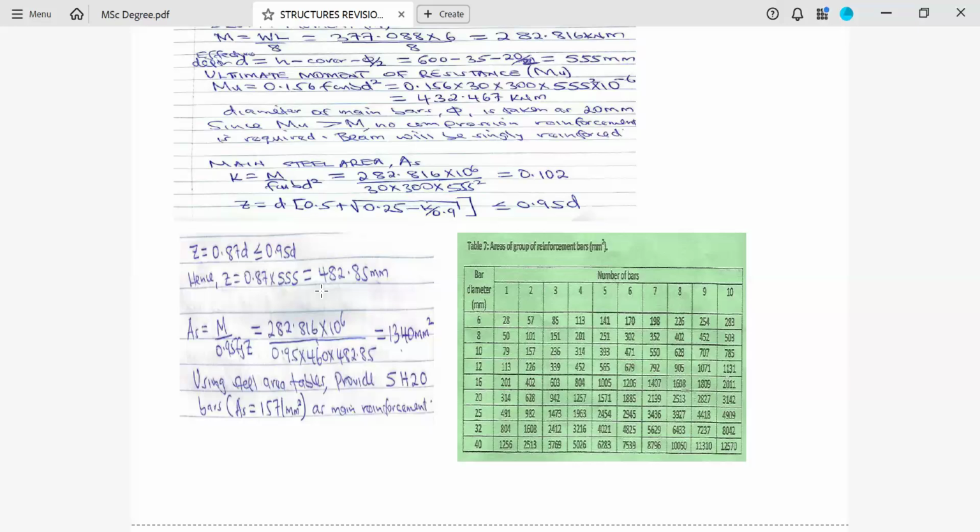Now, what do you do? You come to the table on the row of 20 millimeter. Now, move along that row until you see a value equal to 1340 millimeter square or slightly above 1340 millimeter square. That's why I told you when you are making an assumption of diameter of main bar, you must use this column, bar diameter.